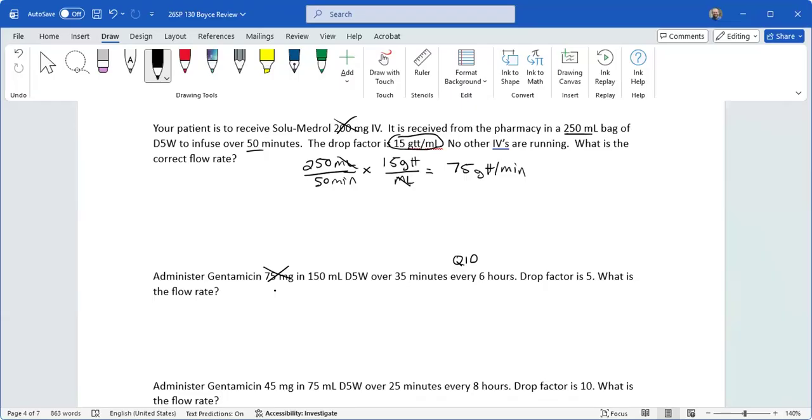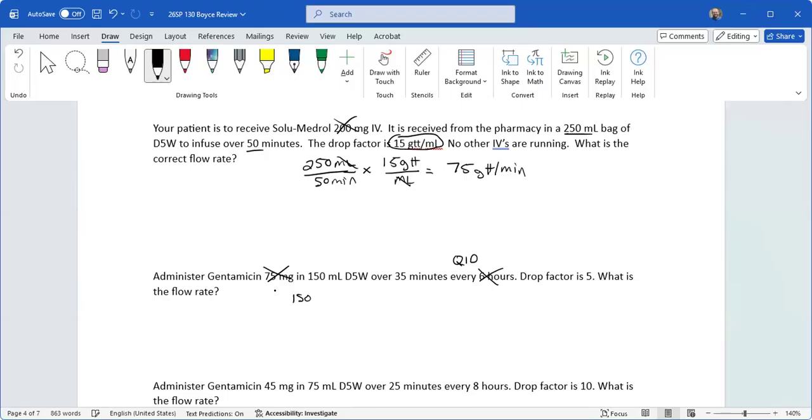But when we add that every 6 hours, all that's telling you to do is to run this medication for 35 minutes every 6 hours. So every 6 hours, you're going to rerun this medication. But when we're trying to figure out what the drop rate is, we don't need to worry about the every 6 hours. That's just telling you when to repeat your procedure.